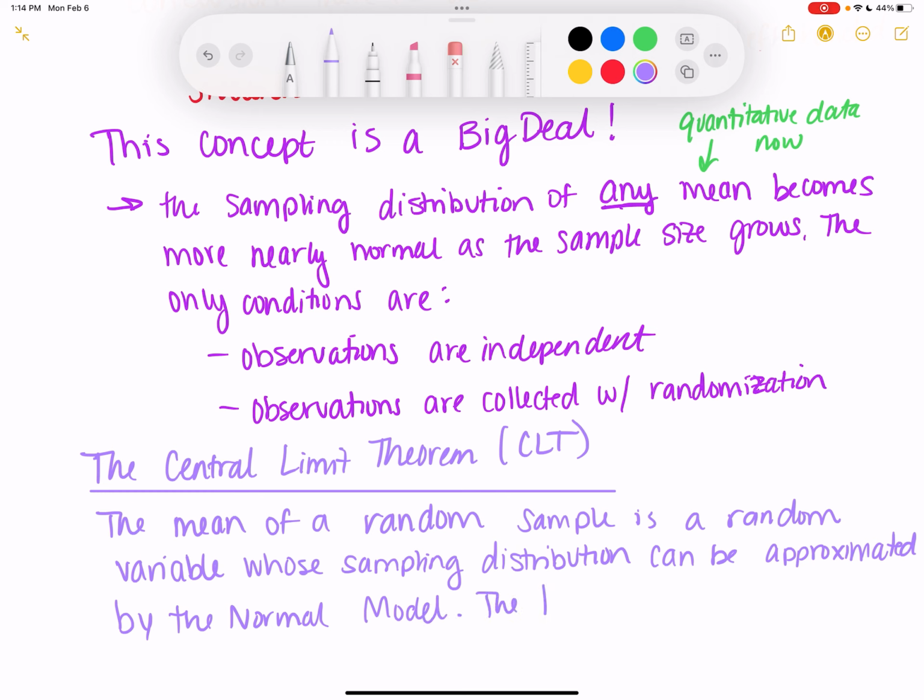The larger the sample, the better the approximation will be.